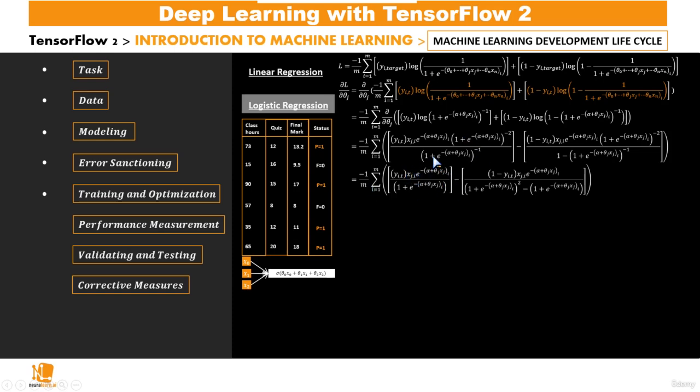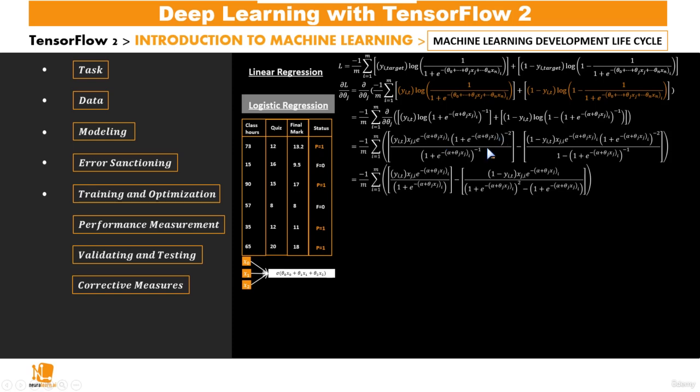So here we could simply multiply top and bottom. If we multiply this top with this to the power of 2, we're going to have 1 plus e to the negative (alpha plus theta_j x_j), all of this to the power of -2, times itself to the power of 2. So it's going to cancel out.